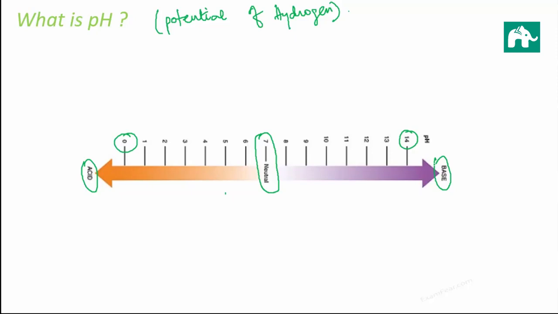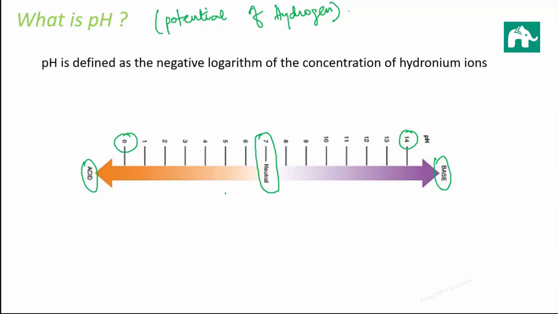Because the acidity or alkalinity is all based on the concentration of the hydrogen ions. So pH is calculated as the negative logarithm of the concentration of hydronium ions. That means if we know the concentration of the ions, then we calculate the negative logarithm of that, and that's how we get these values from 0 to 14.